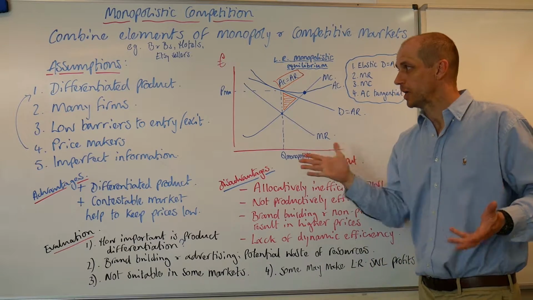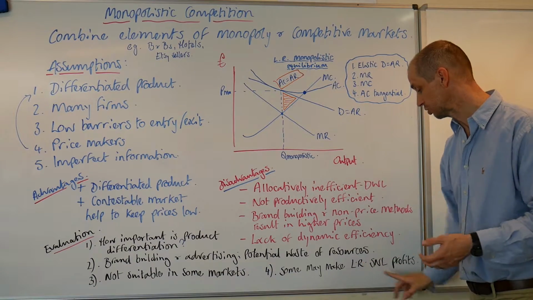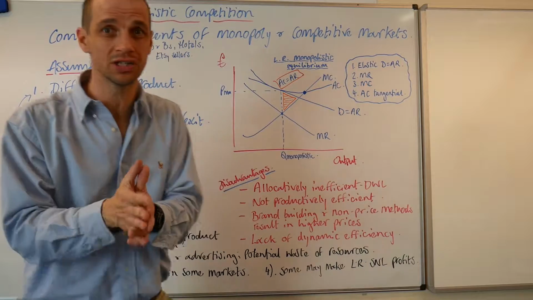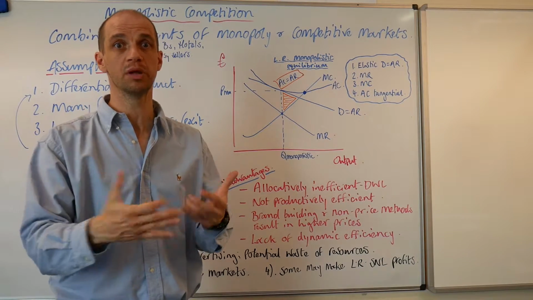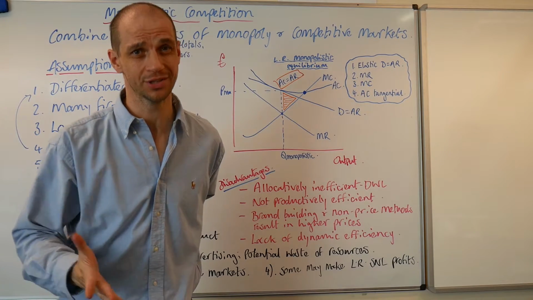So it could be as a result of those barriers to entry that these firms could actually make supernormal long-run profit. And if that is the case, is that in the best interest of consumers? Will that profit be reinvested to improve things in the future? Of course, it depends, as ever in economics.